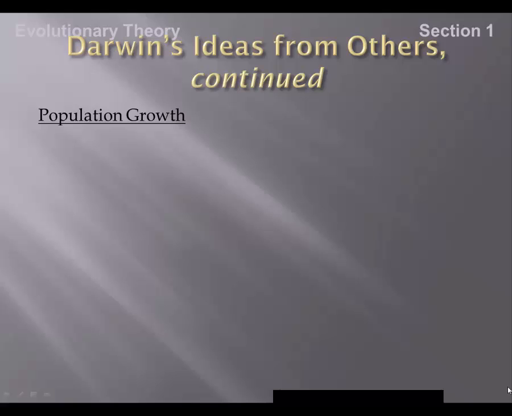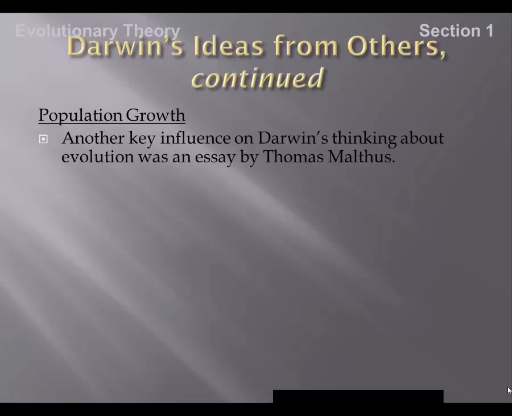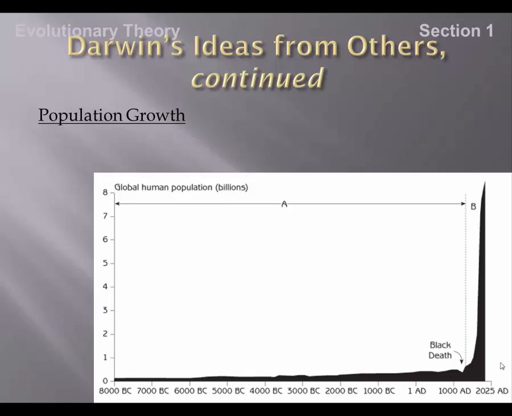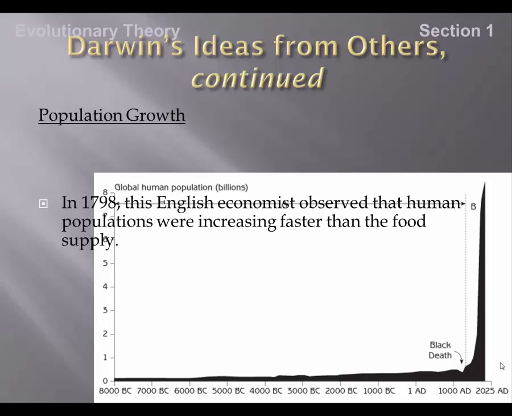Darwin also looked at population growth, and he got his information on population growth from Thomas Malthus. So in 1798, the English economics professor observed that human populations were increasing faster than the food supply was.